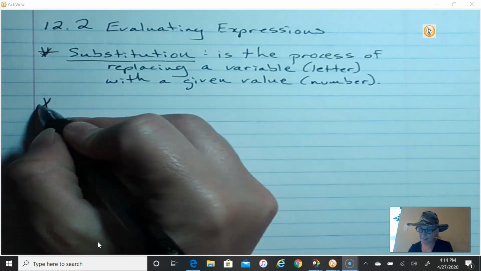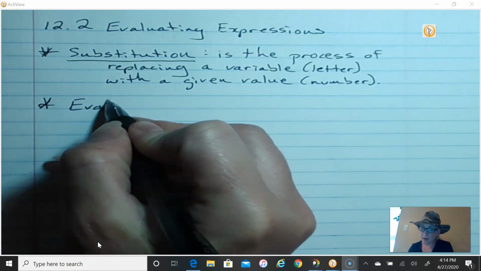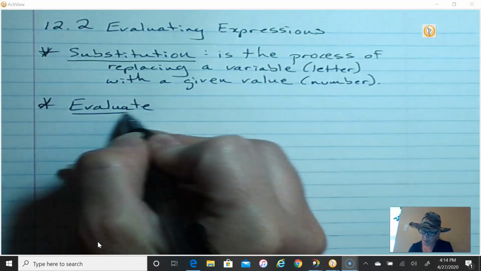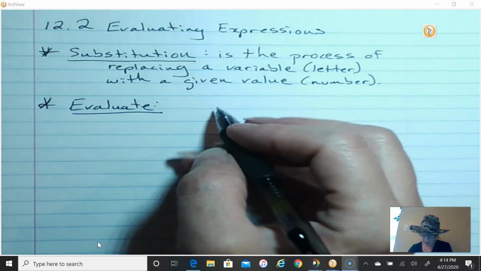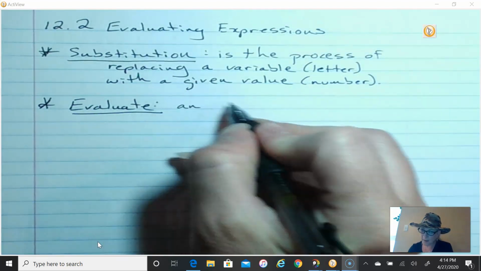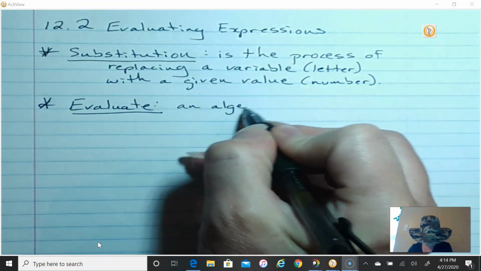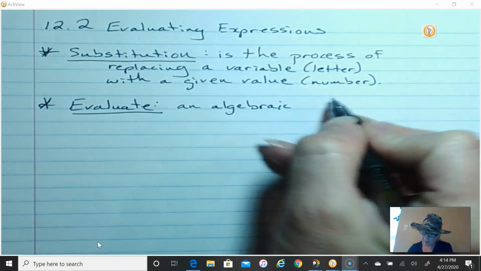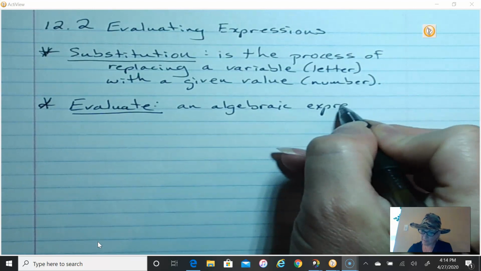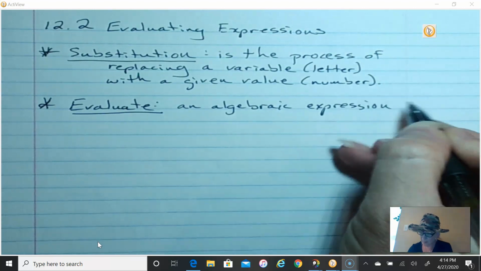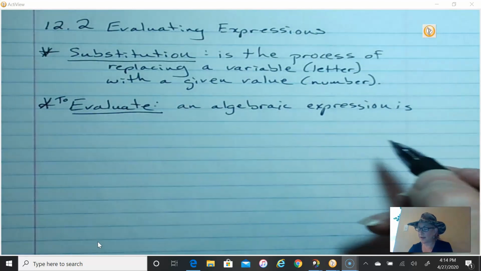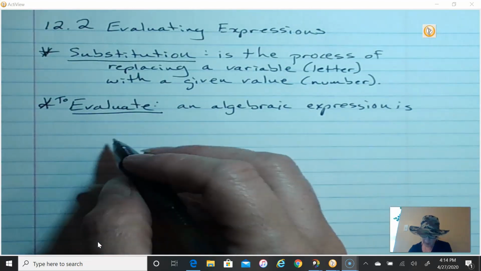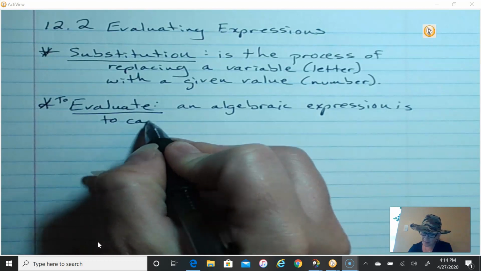The next thing is to evaluate. What does that mean? To evaluate an algebraic expression is to, y'all ready for this?